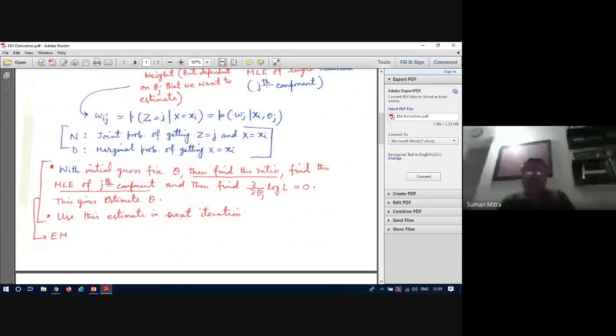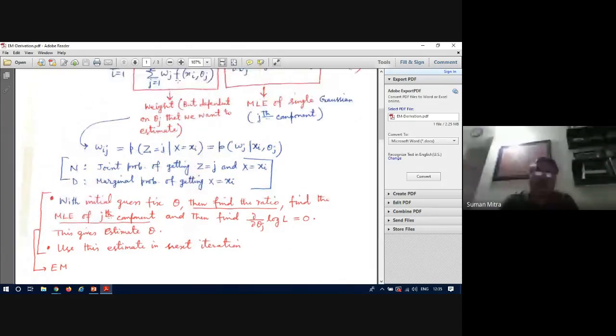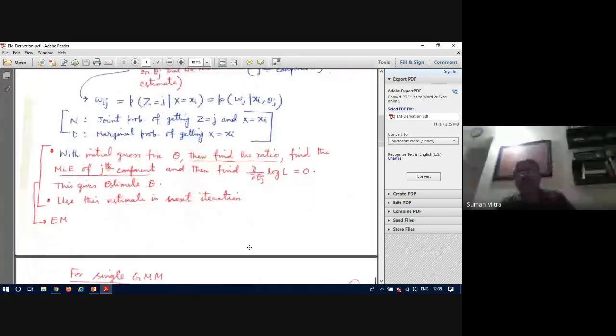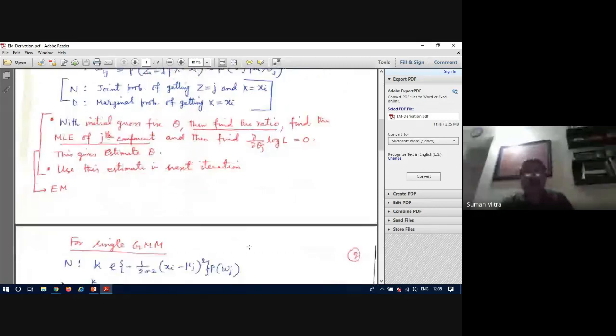Right? So with an initial guess of theta, we can find this ratio n by d and then find del theta j of log L and equate it to 0. So this will give me the entire derivation of EM.